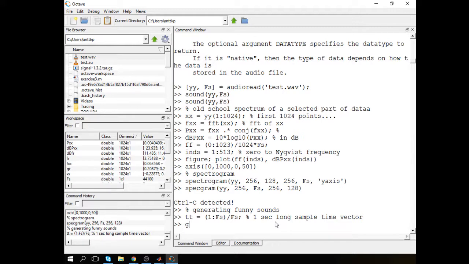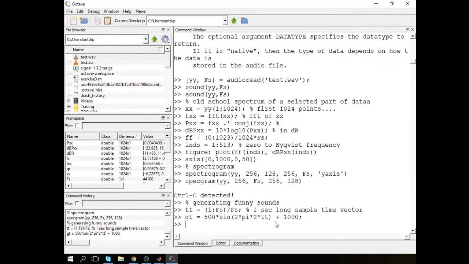So my g(t) is sine of 2 times pi times 2 times a second times t, with the amplitude of, say, 500 hertz, and with offset of 1 kilohertz.